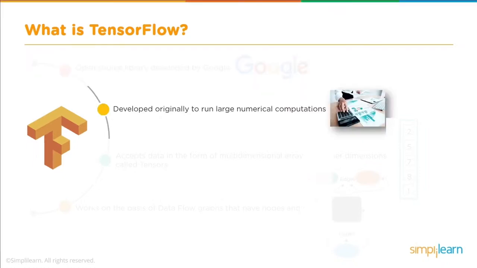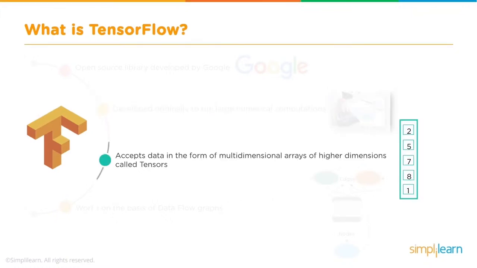What else? It was developed originally for large numerical computation. So originally when TensorFlow was developed, they never thought of it as keeping deep learning in mind, but it so happened that it's really very good for deep learning development, and therefore Google has open sourced it. And TensorFlow, as the name suggests, handles data in the form of what are known as tensors.